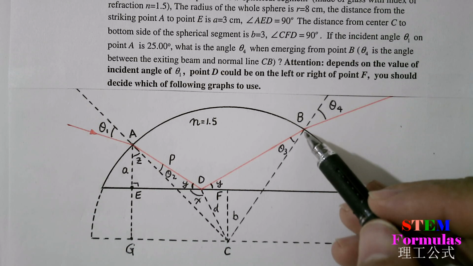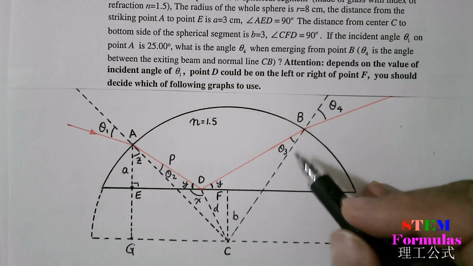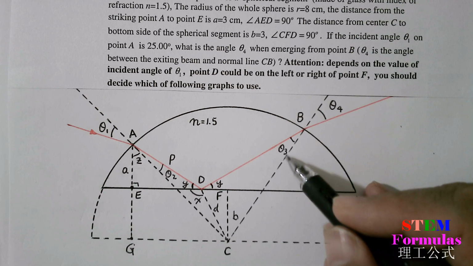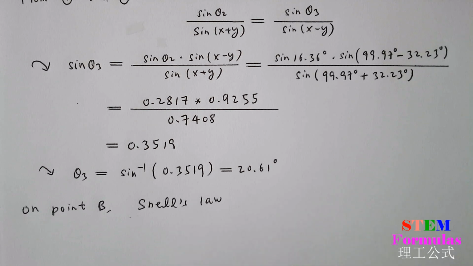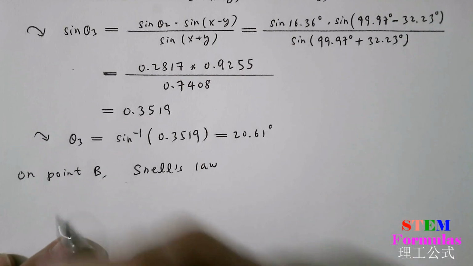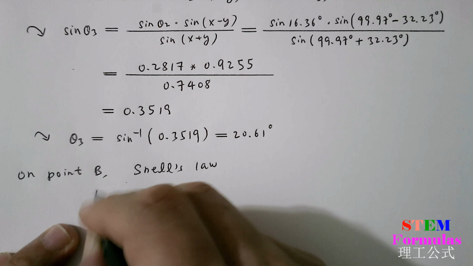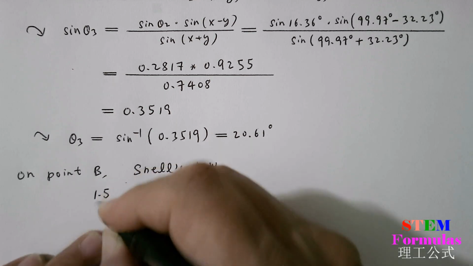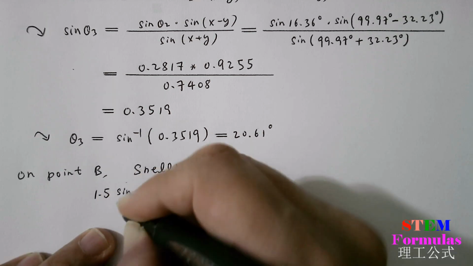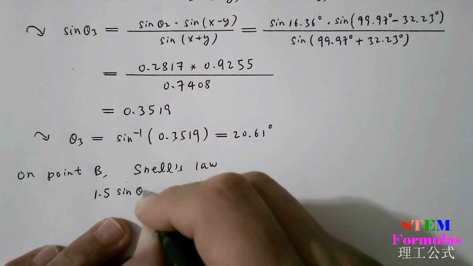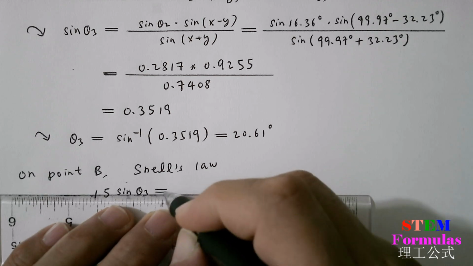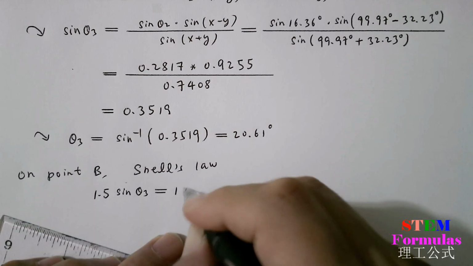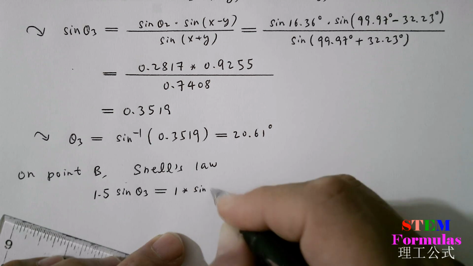So 1.5 times sine theta 3 equal 1 times sine theta 4.